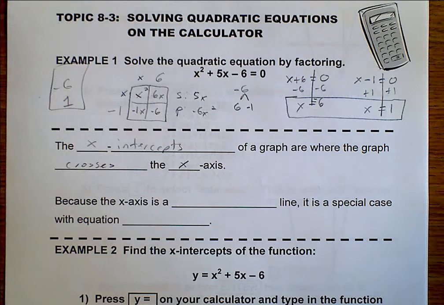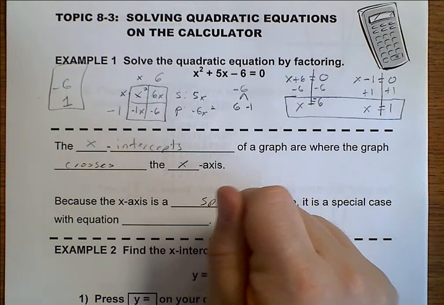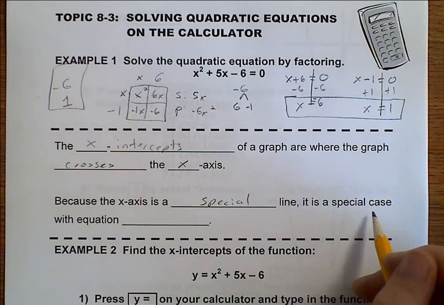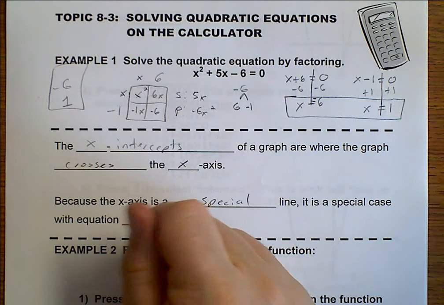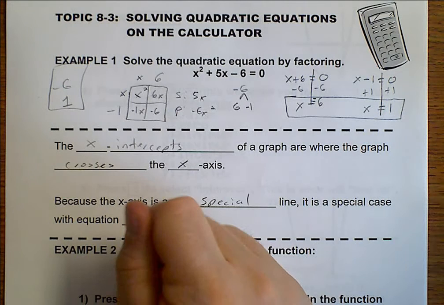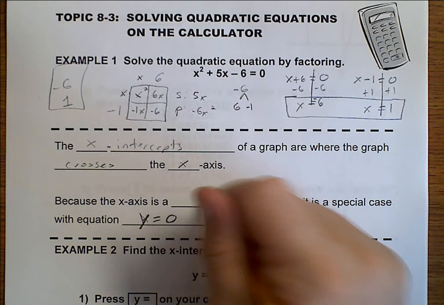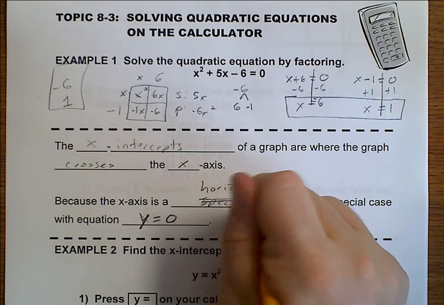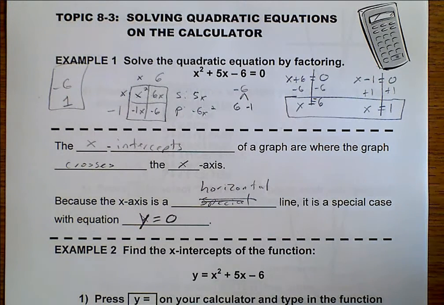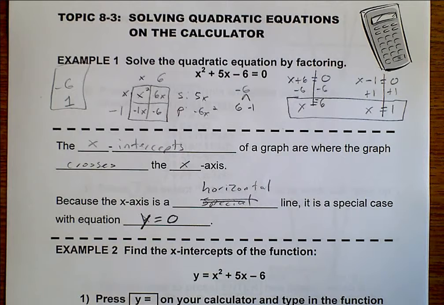And because the x-axis is a horizontal line, it is a special case of the equation y equals 0. So we want to find the x-intercepts of our equation.